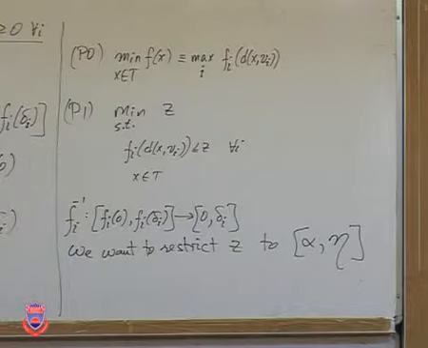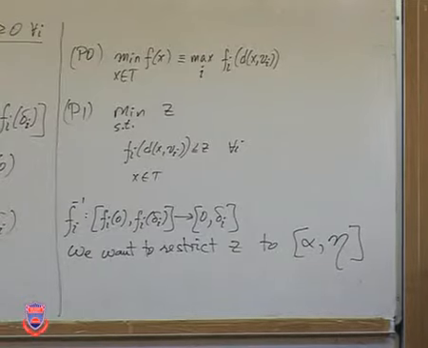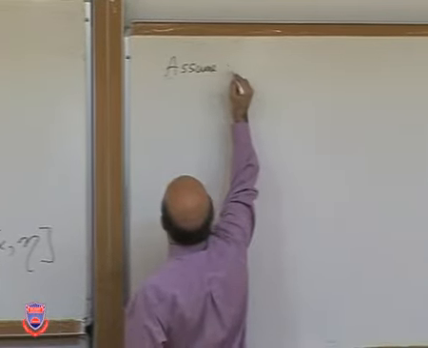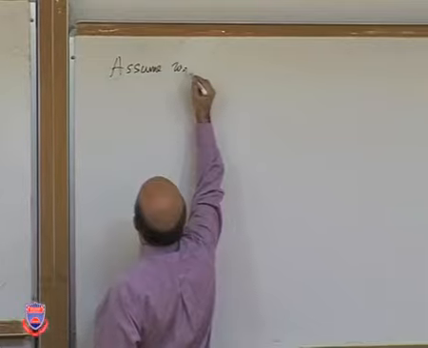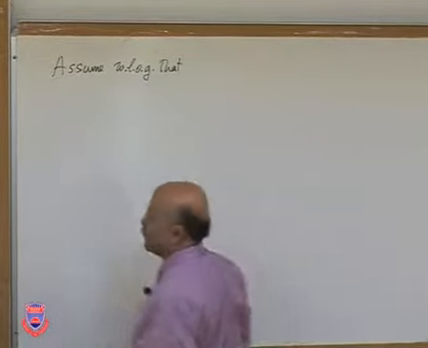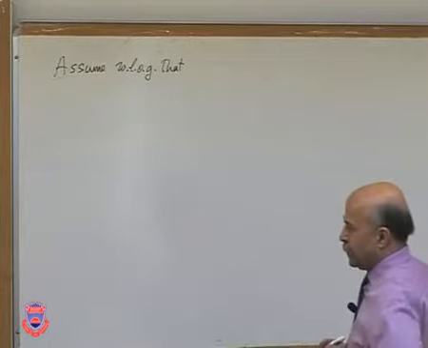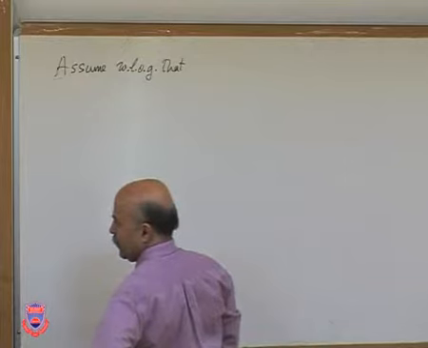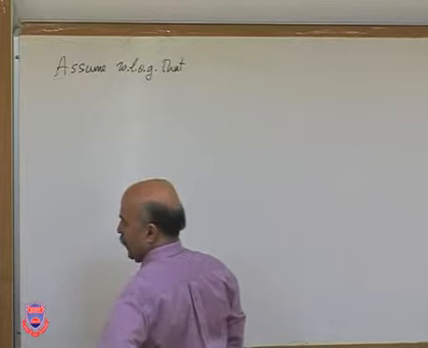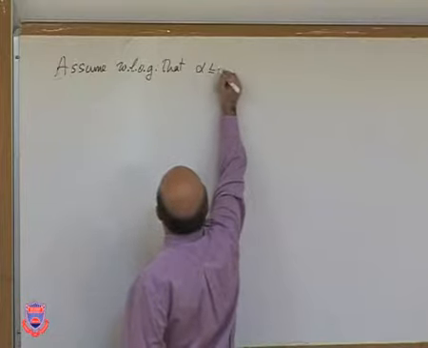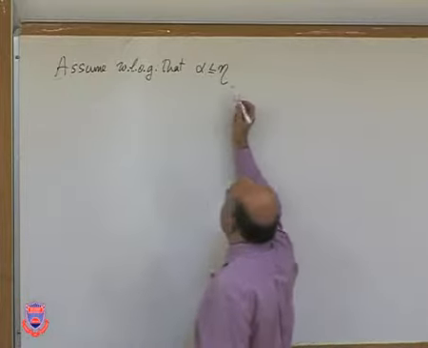Okay. Before I argue for that, assume without loss of generality that alpha is less than or equal to eta.